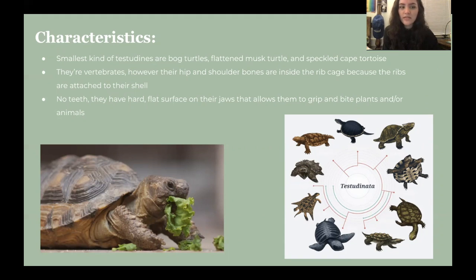They have no teeth, but they do have a hard, flat surface on their jaws that allows them to grip and bite plants or animals. And their jaws are pointed, so that allows them to have a grip and chop their plants or the animals they're eating.